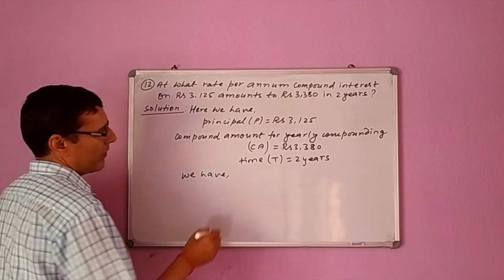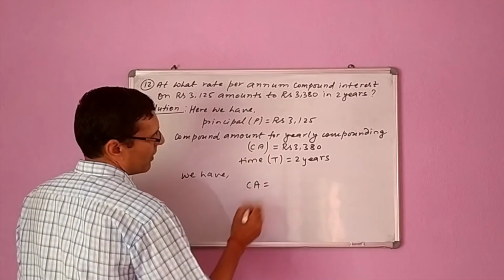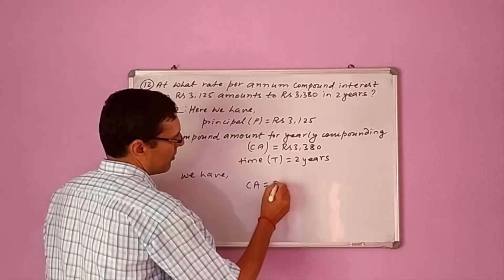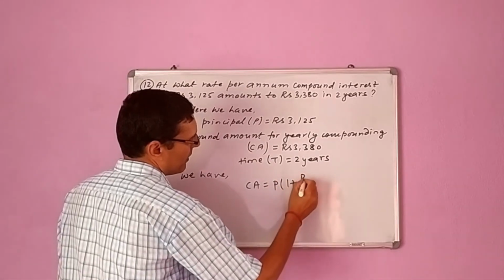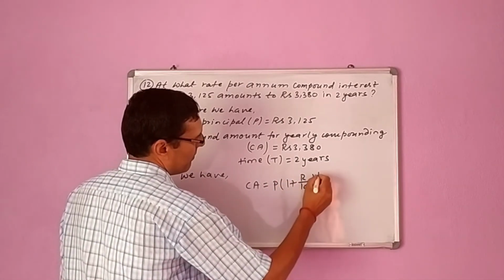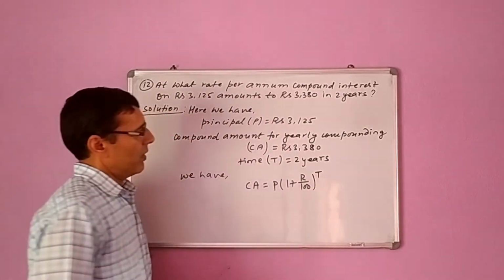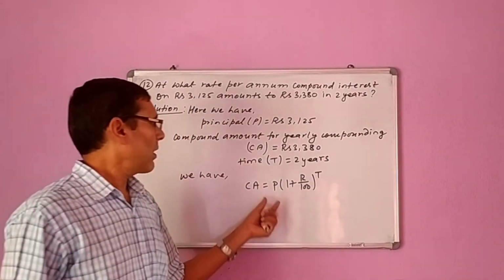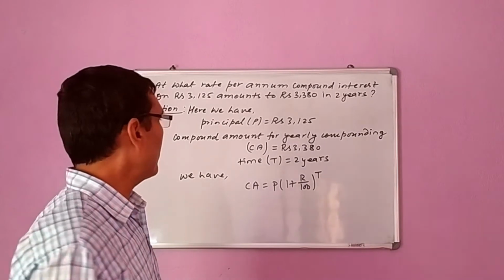Using the formula of compound amount for yearly compounding, CA is equal to P times (1 plus R upon 100) to the power T. So this is the formula to calculate the compound amount for yearly compounding.